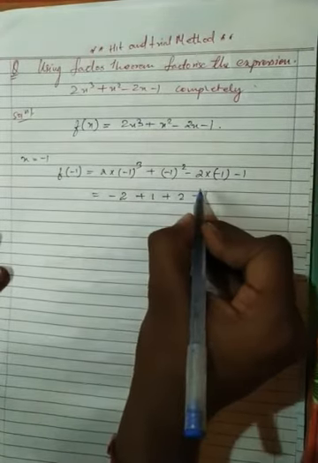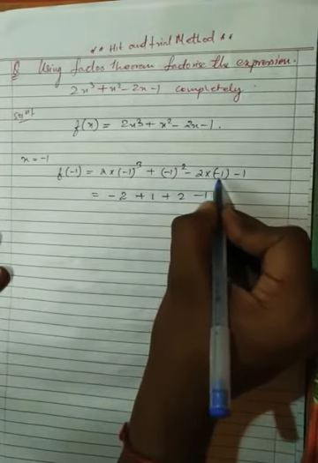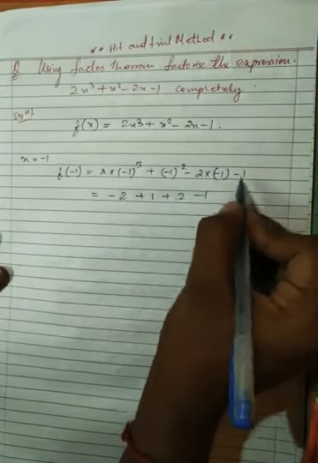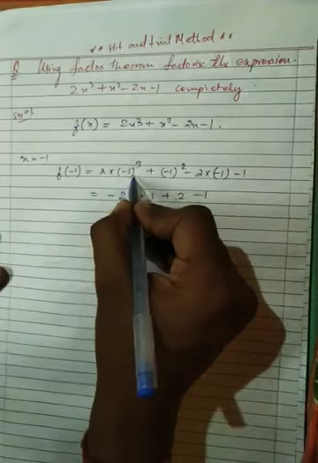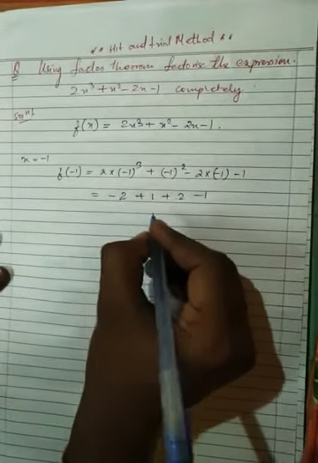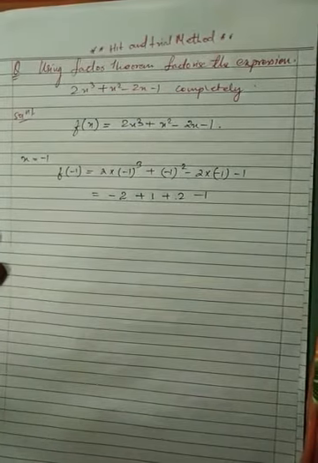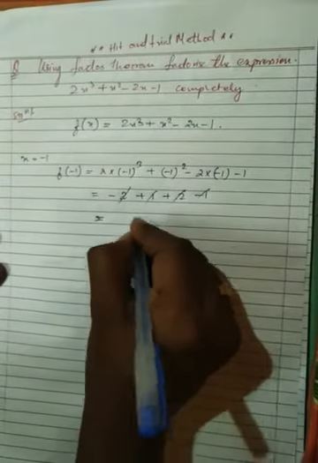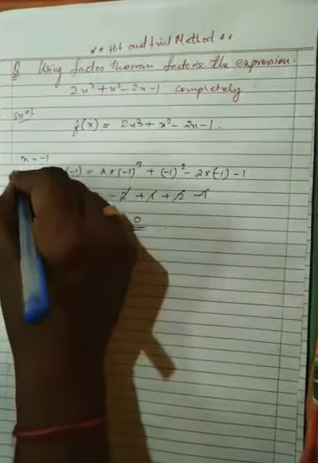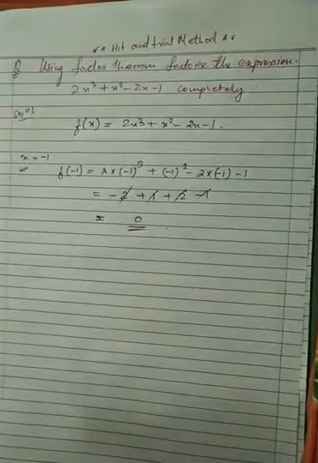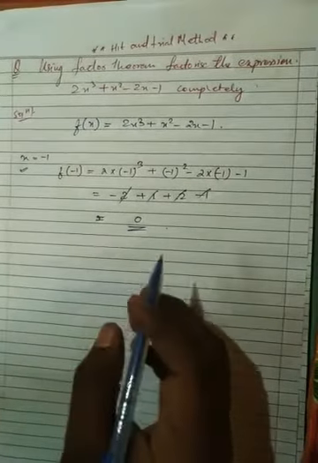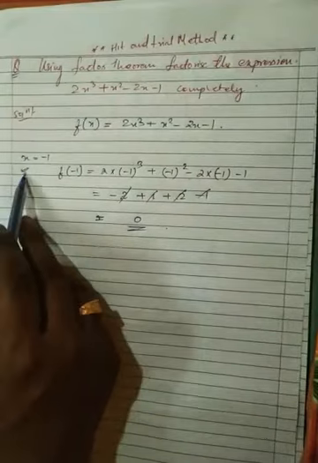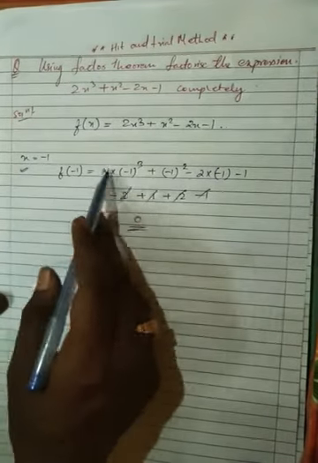Okay, so this will give you how much? -2 gone, this also gone, this also gone, so it will give you 0. So at the first value only we got x as -1 as your factor, because if I put f of -1 in this equation, it is giving you 0.